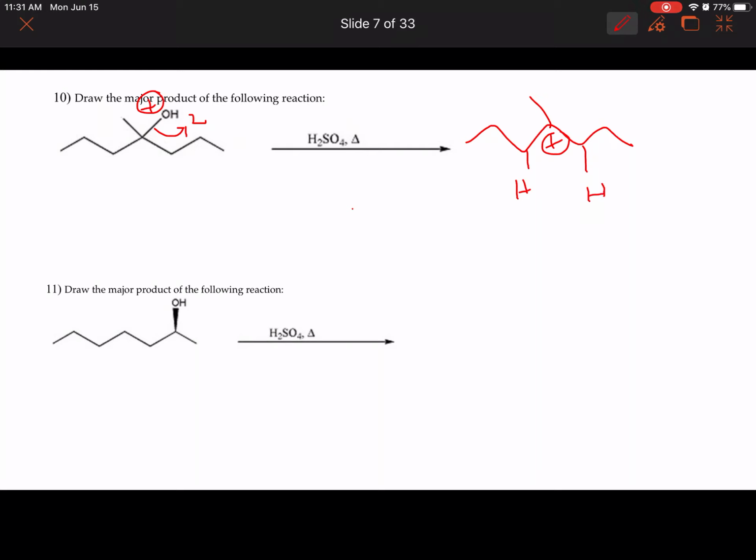So the sulfate ion, HSO4 minus, or the water molecule itself, remember it's leaving as a water molecule, that also can come and grab one of these hydrogens and form a double bond. Okay, the bond between the carbon and hydrogen is going to break and form a pi bond between those two carbons, giving you this molecule.